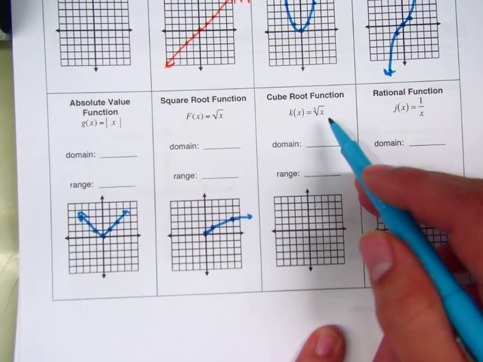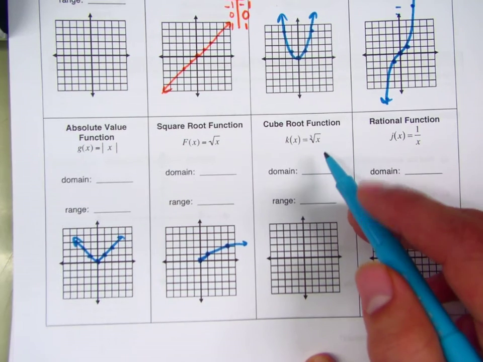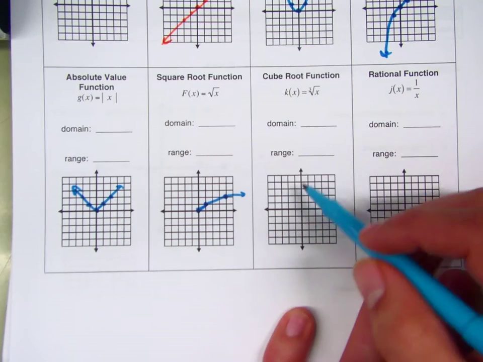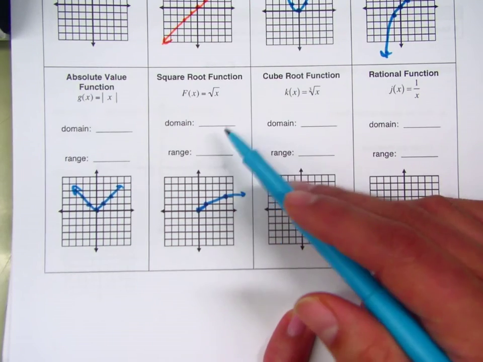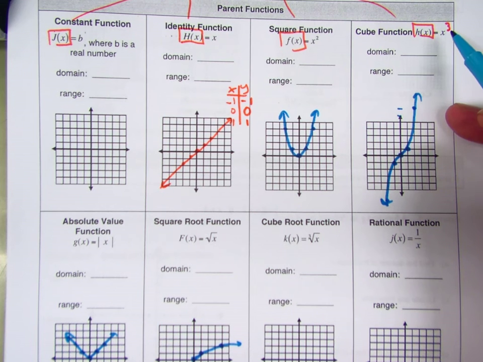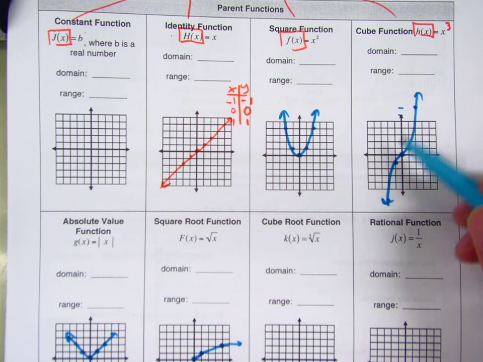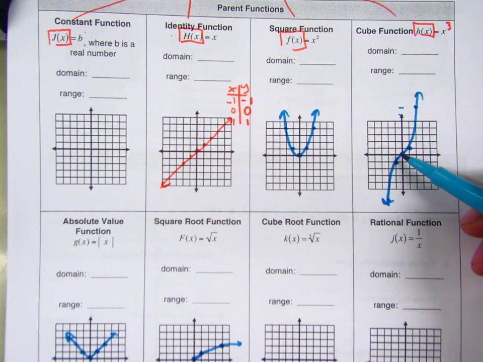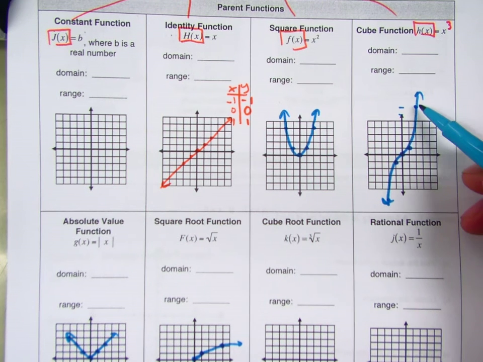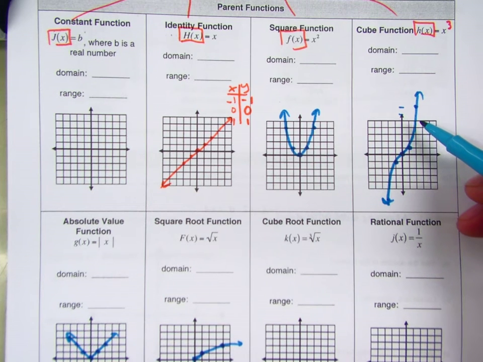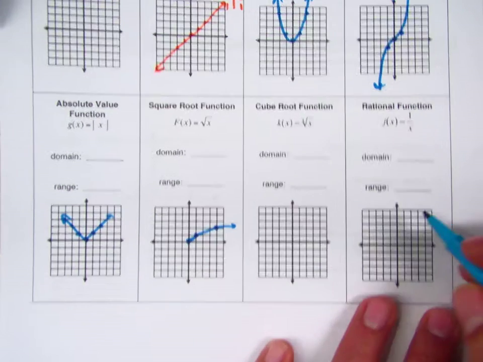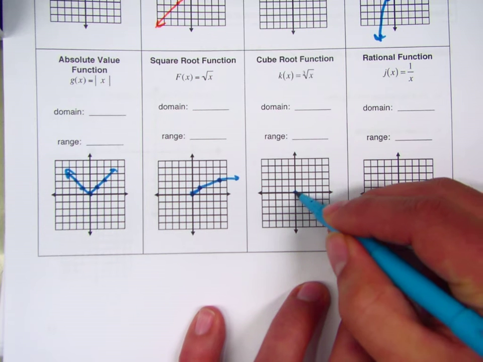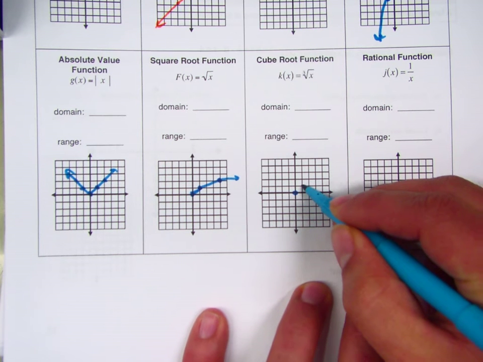Cube root function. Okay. A cube root is like a square root. It's actually kind of like the opposite of cubing something, right? So what were these nice numbers that we got here? We got a 0, we got a 1, and what was this one? 8. So that means when I'm going the other direction, cube rooting 0 makes sense because that's going to be 0. Cube rooting 1 makes sense because that's going to be 1.